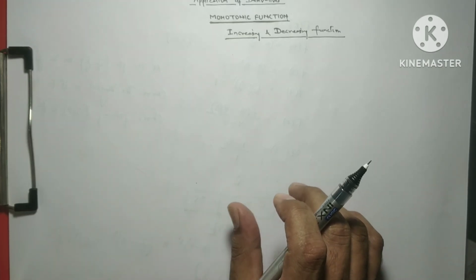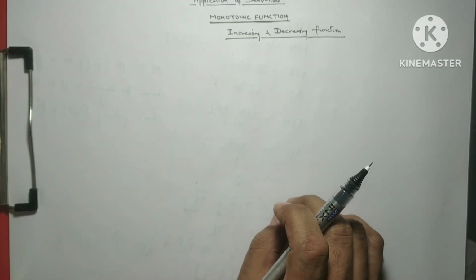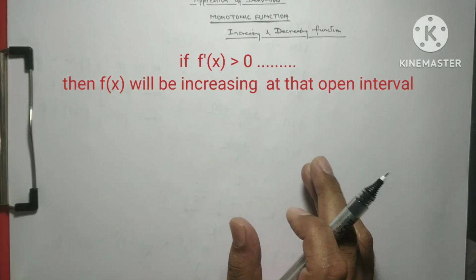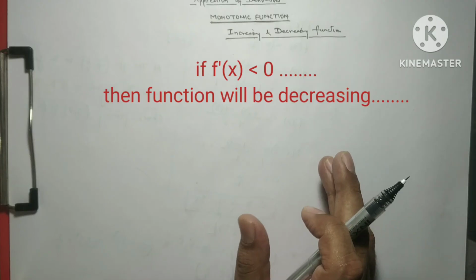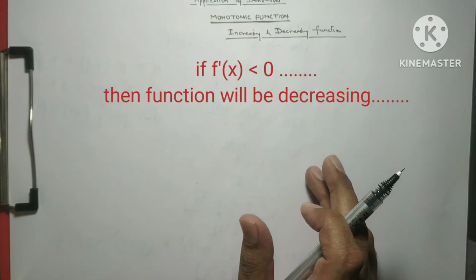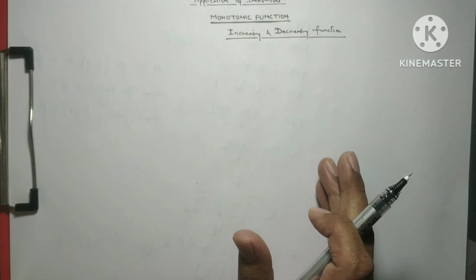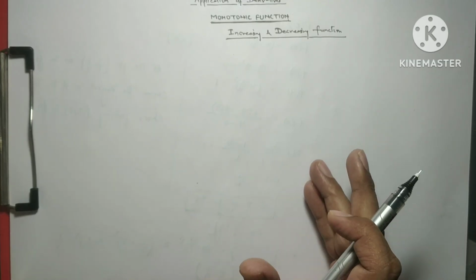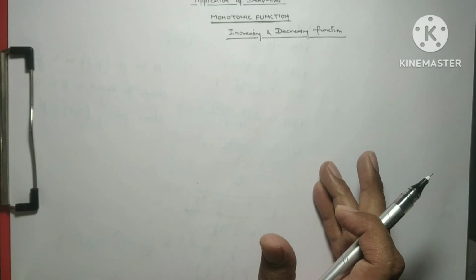So we will take the first derivative of the function. If it is greater than 0, then it will be increasing. If it is less than 0, meaning negative, then it will be decreasing. And maybe there is more than one interval at which f dash x is greater than 0.